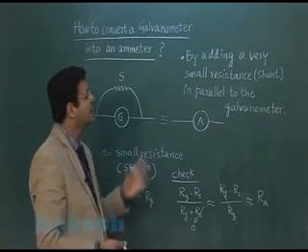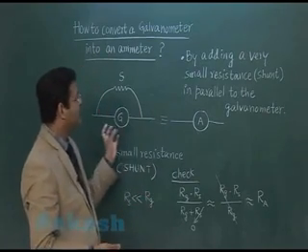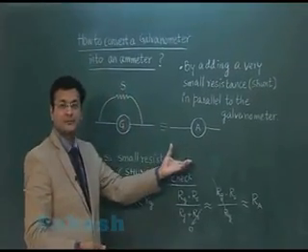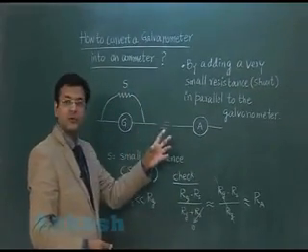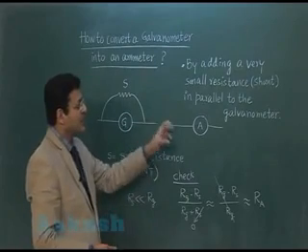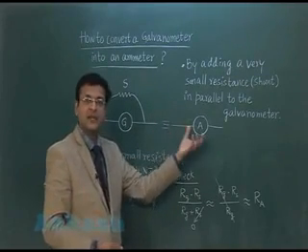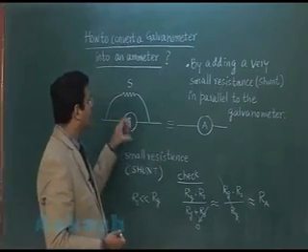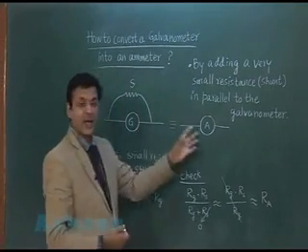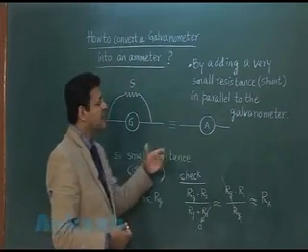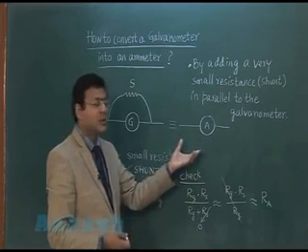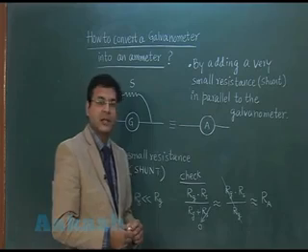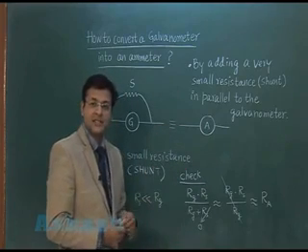Now remember that the manner in which we have converted a galvanometer into an ammeter, उसी मेथड को यूज करके आप चाहें तो एमीटर का रेंज भी इंक्रीज कर सकते हैं. The manner in which a galvanometer has been converted into an ammeter, the same method can be used to increase the range of an ammeter, and that will be our next discussion.